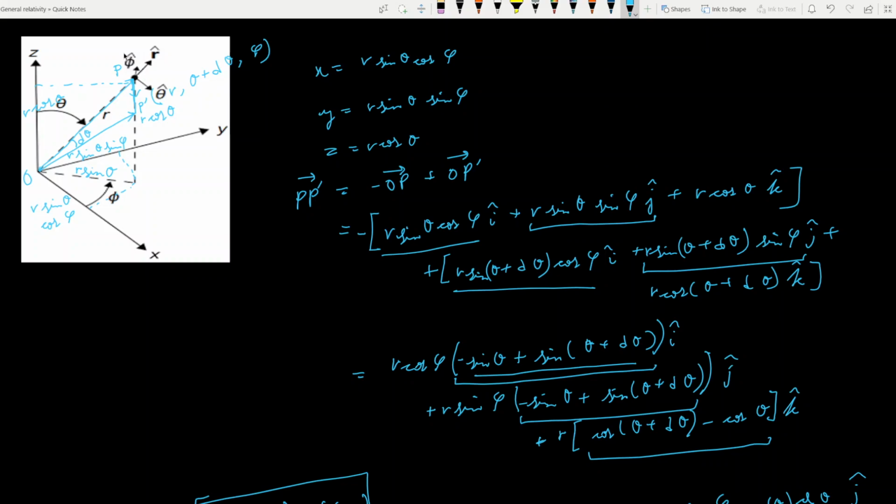Because initially we had r, theta and phi, and now we're saying that we have r, theta plus d theta and phi coordinates. So we're basically making the change in the theta direction. So our vector should also represent the change in the theta direction.